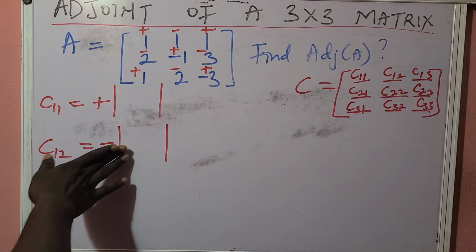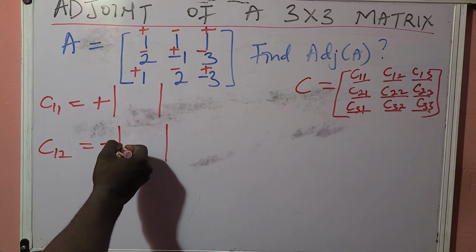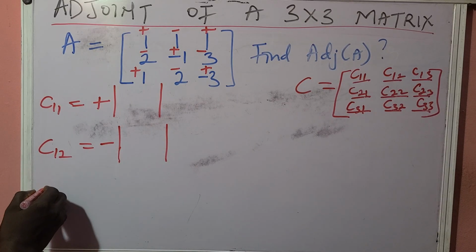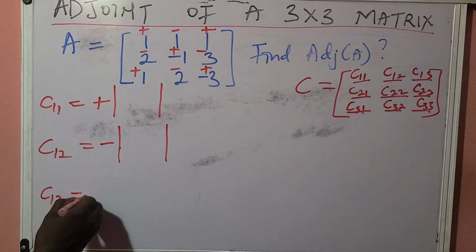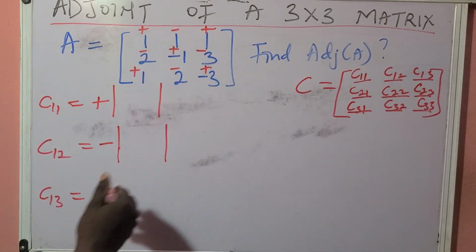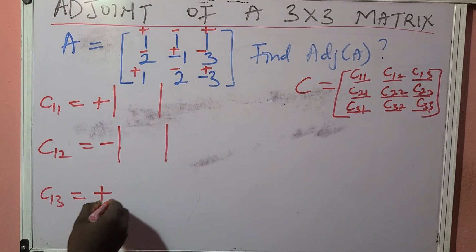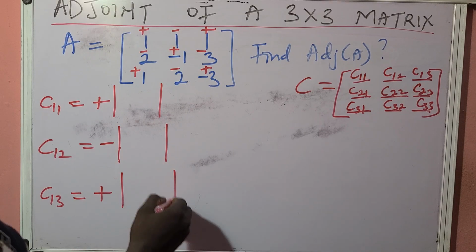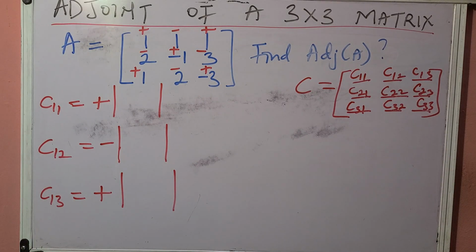Now the next element that we have is C13. For C13, you can see the sign there is a positive sign. So you have a positive sign and open up the determinant braces. Let's try and solve for these 3, then we'll go on to do the rest.